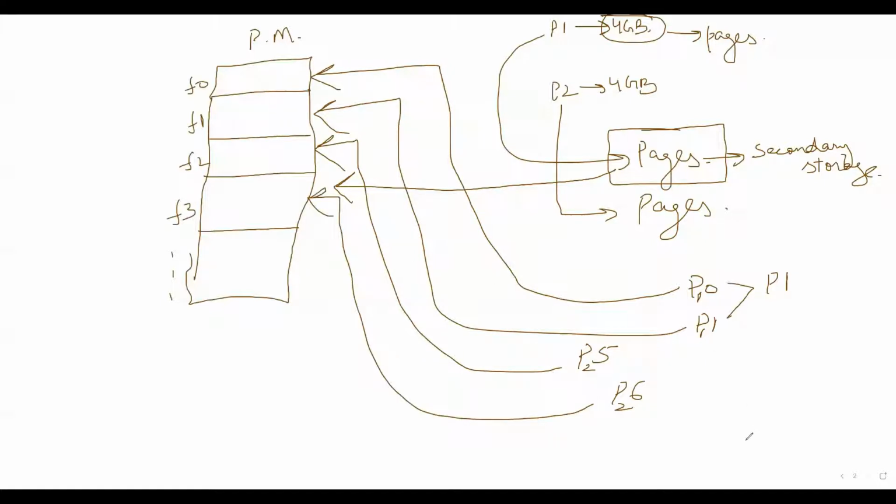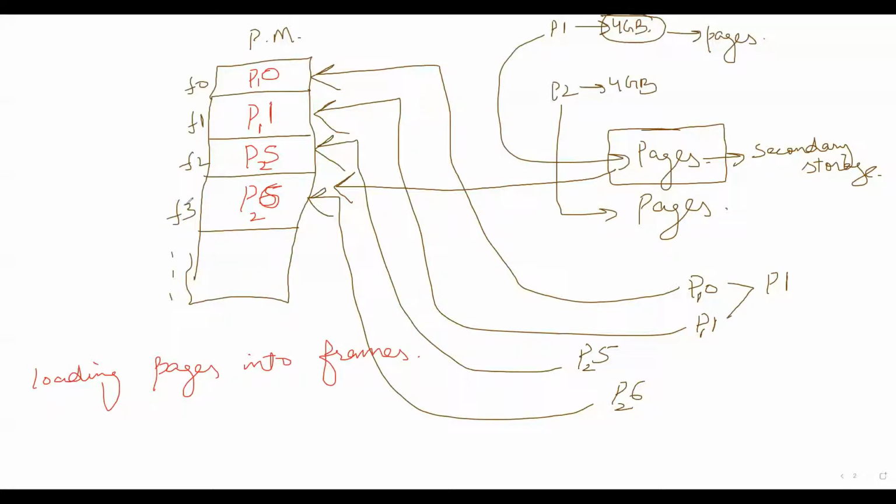Okay. So I have loaded pages into the frames. This one contains page 0 of process 1. This one contains page 1 of process 1. This one contains page 5 of process 2. And this one contains page 6 of process 2. So what we are doing is loading pages into frames.